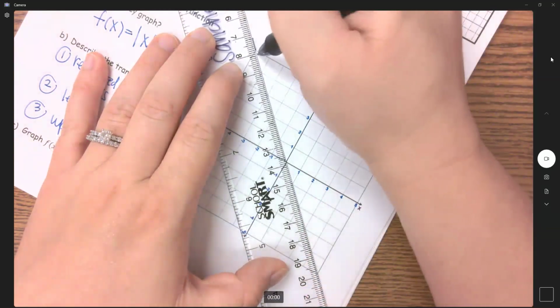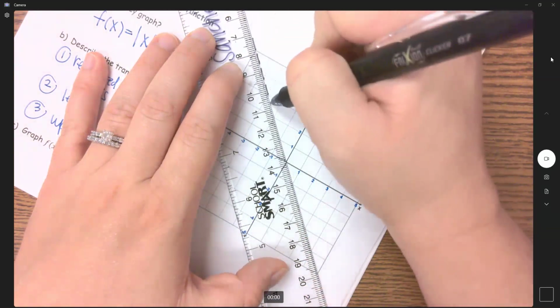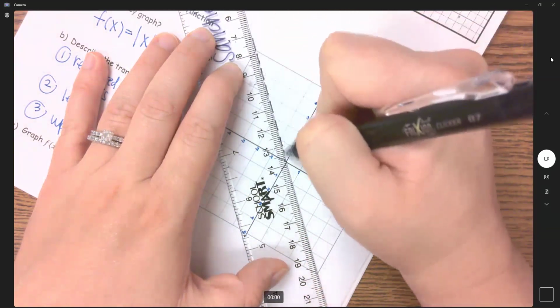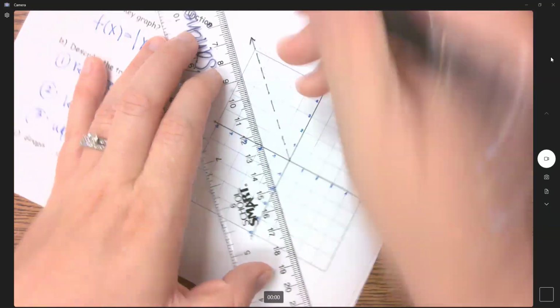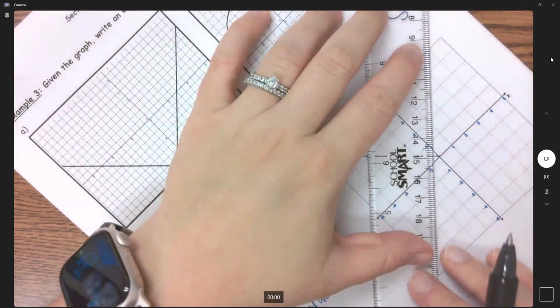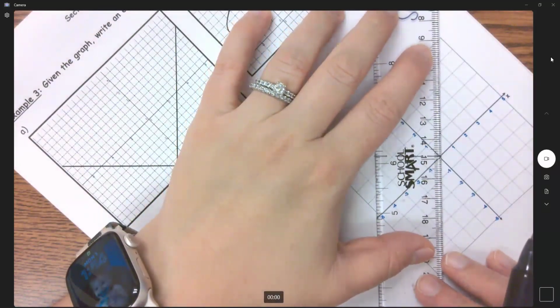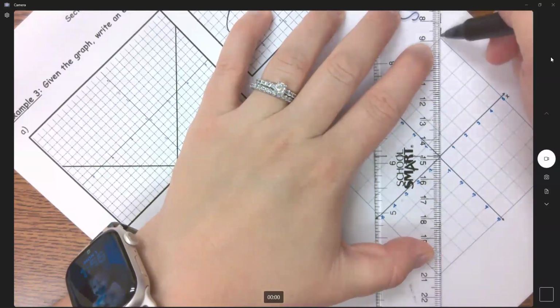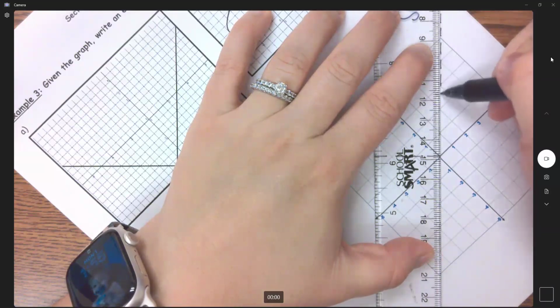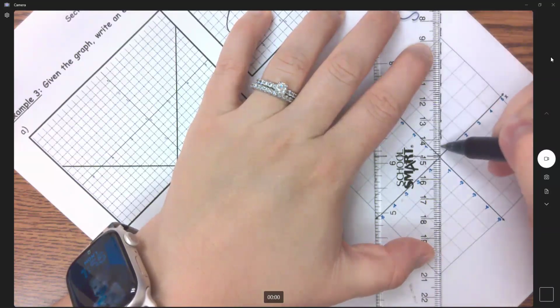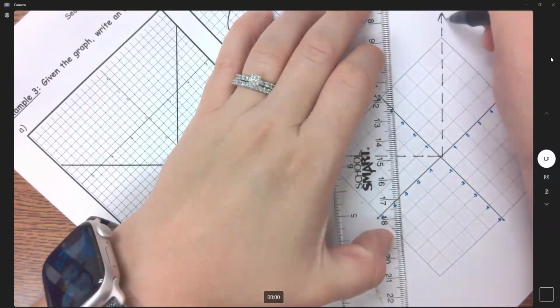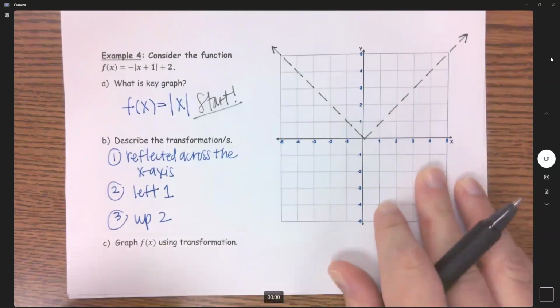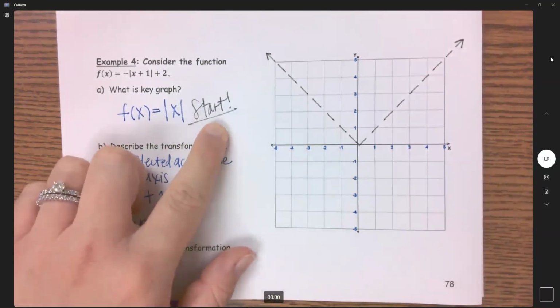I'm going to do dashed lines, since this isn't my final answer here. Okay, so that is the start of my graph at the absolute value of x.